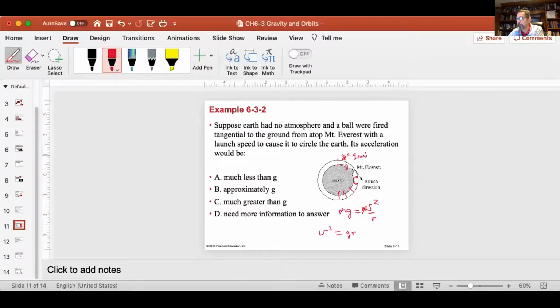Well, then I can live with your answer, because you're right. g would be a little less. According to Newton's universal law of gravitation, the acceleration due to gravity would be that constant, G, times the mass of the Earth, divided by the radius squared.